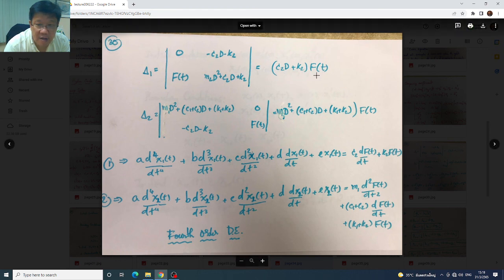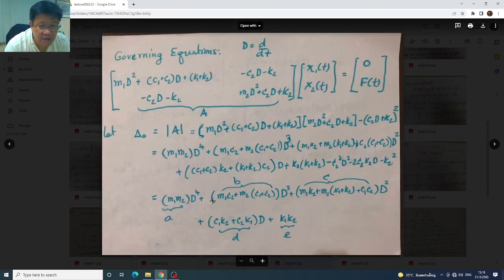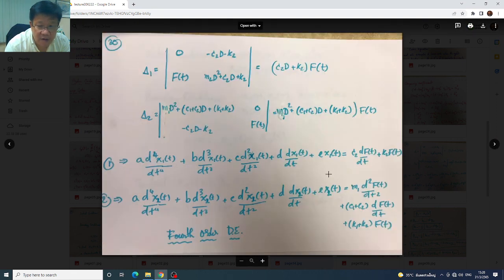This becomes the right hand side function. And delta 0 times x1 of t becomes the left hand side, and in the second equation delta 0 times x2 of t becomes the left hand side. That's resulting in this one: this is the left hand side, and this is the right hand side.